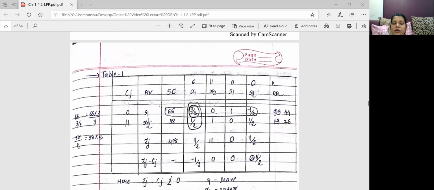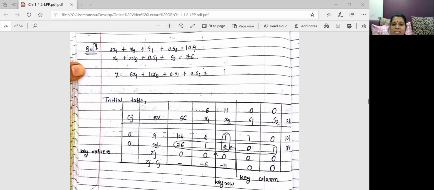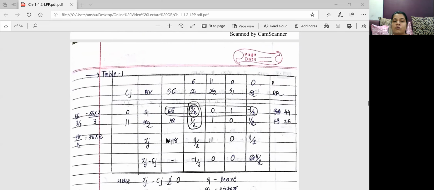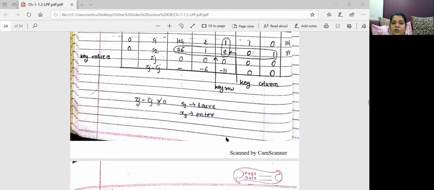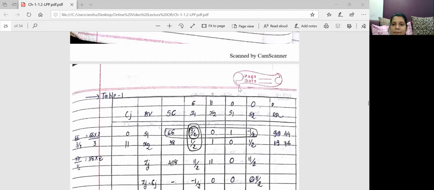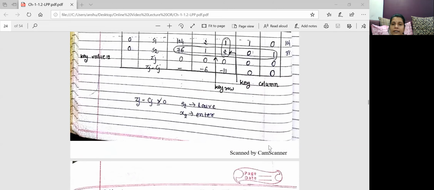Okay, so we write s1 and x2. यहाँ पर आपको इसका सीक्वेंस ब्रेक नहीं करना है. Got it? ऐसा नहीं कि पहले x2 को लिख लिया, आपको ये सीक्वेंस ब्रेक नहीं करना है. So we write s1 and x2, and what is the value of cj? The value of cj depends on this equation. So s1 coefficient is 0 and x2 coefficient is 11.